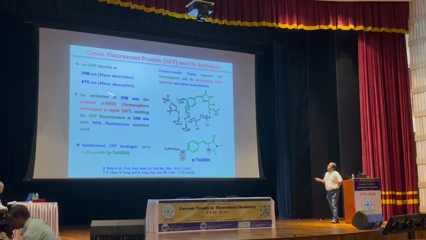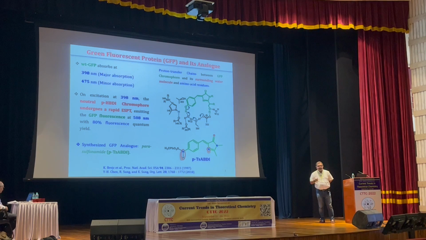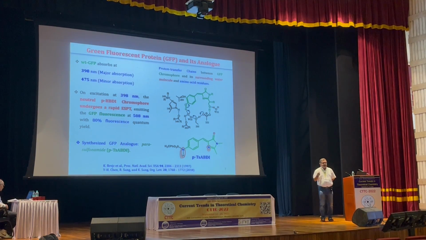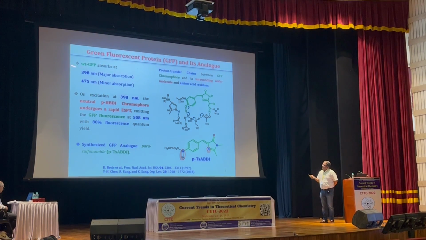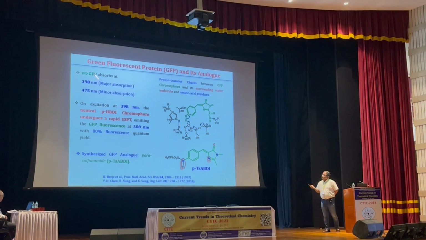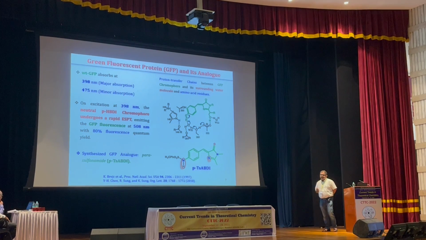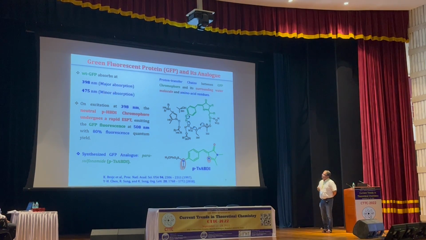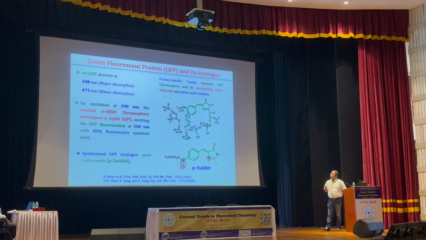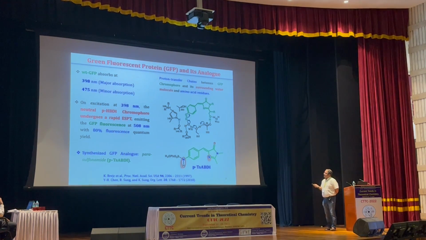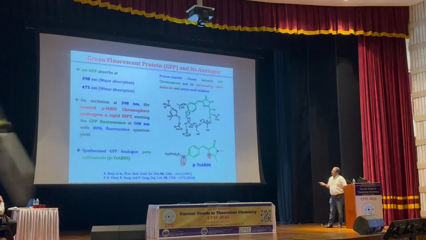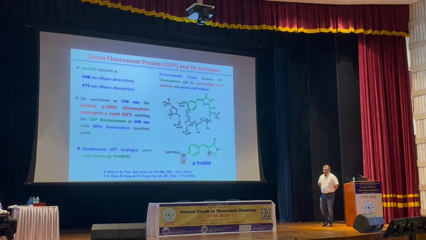Okay, the green fluorescent protein has many forms: cationic, anionic, and neutral. The wild type absorbs at two wavelengths. One is 398 nanometers, which is the major absorption, and the other is 475, which is a minor absorption. The major absorption at 398 nanometers corresponds to the neutral GFP chromophore, and at that frequency it undergoes excited state proton transfer.